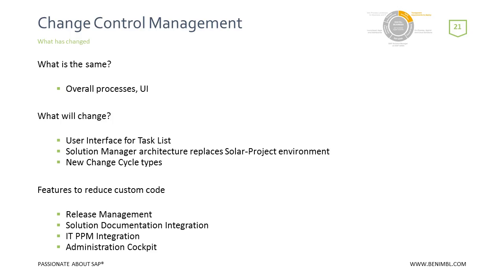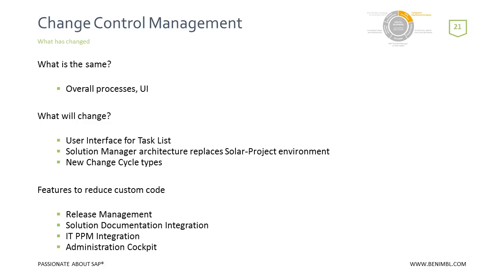Okay, so that's a nice segue into change and control management. A lot of customers have implemented CHARM, right? And we're looking at, so what are the changes in Solution Manager 7.2 from a change and control management perspective? Well, besides the new business requirements document type and the IT requirements document type, everything else has stayed the same.